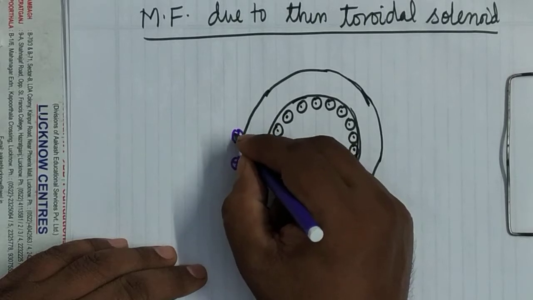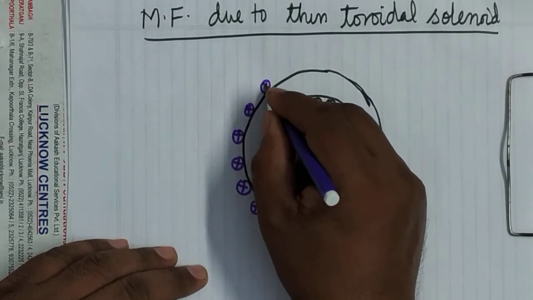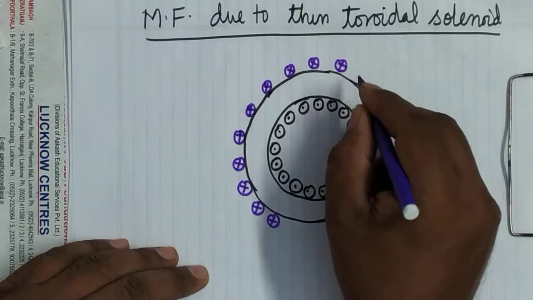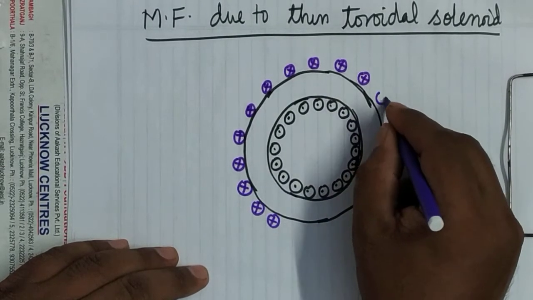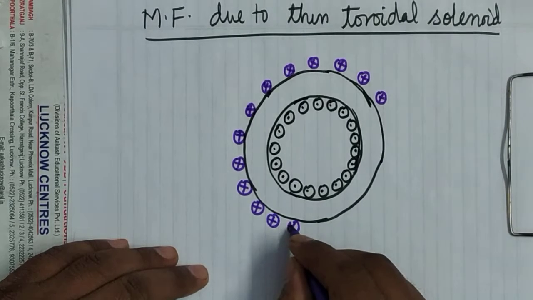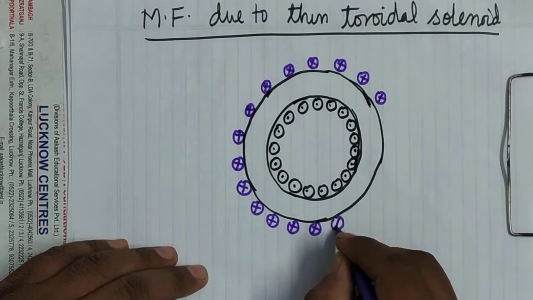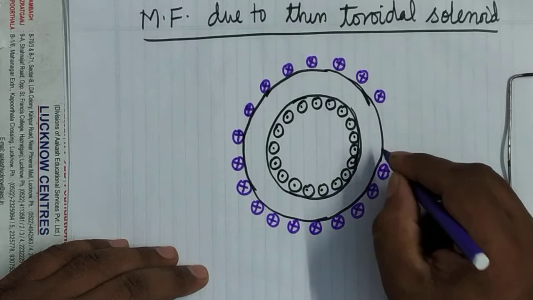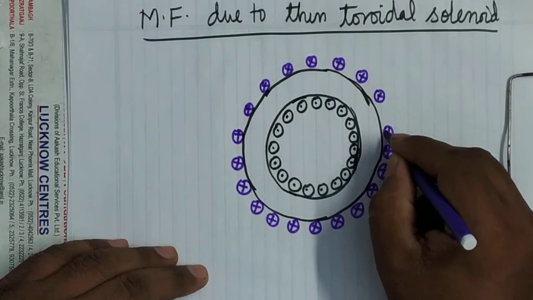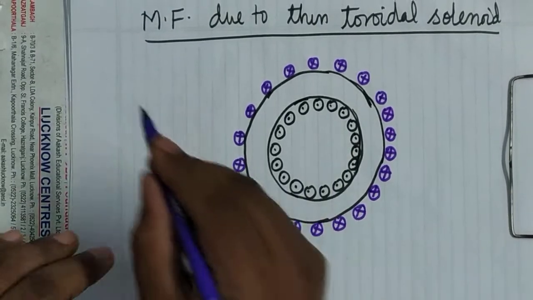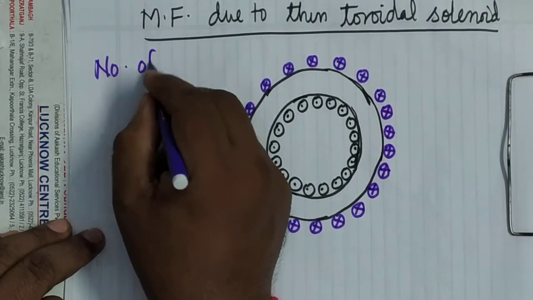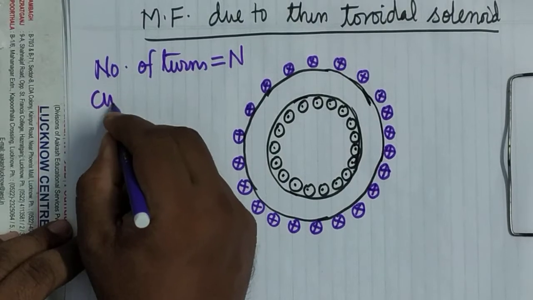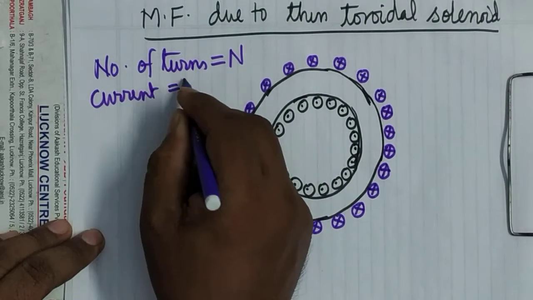These are the current turns of a toroidal solenoid which is situated on the plane of paper and carrying current I. Let the total number of turns be capital N. So the number of turns is capital N, and the current flowing is I. It's clear.